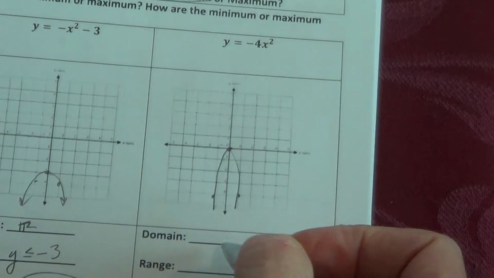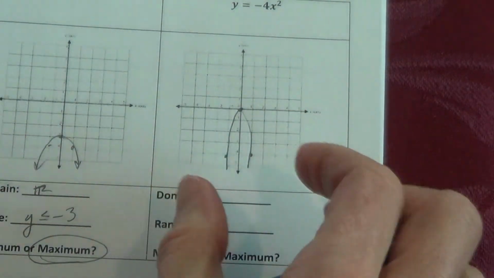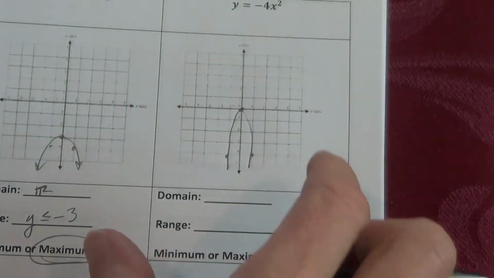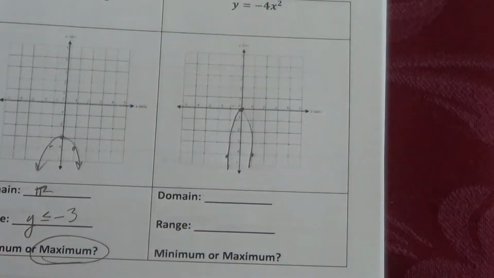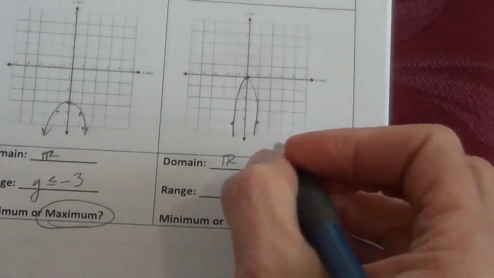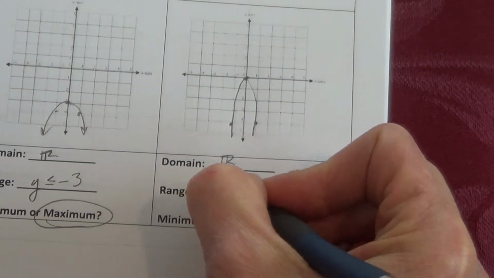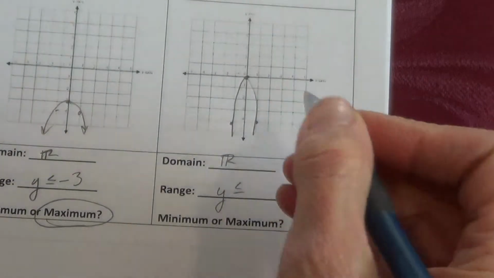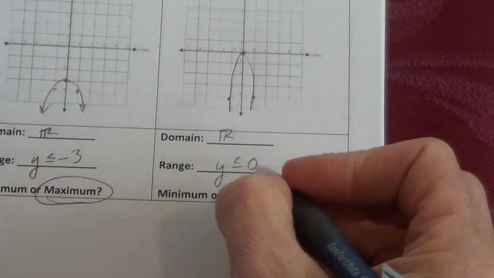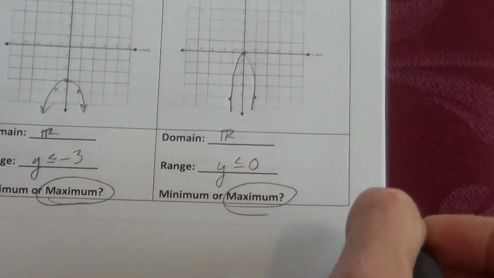So even though that looks real thin, it's still infinite numbers down here. It will spread as it goes down. So it's still all real numbers. The range, because it's a reflection, is less than or equal to, and the k value is 0. It is a maximum. Okay?